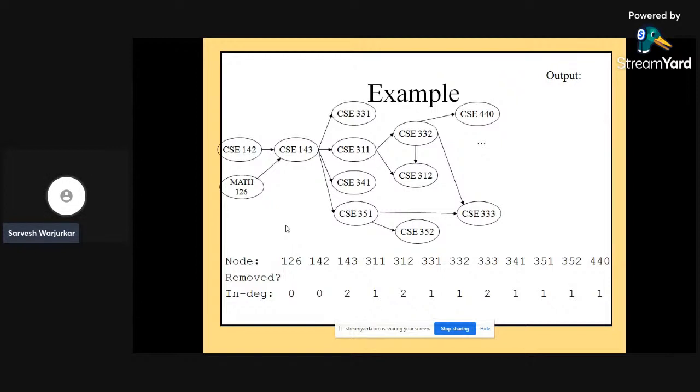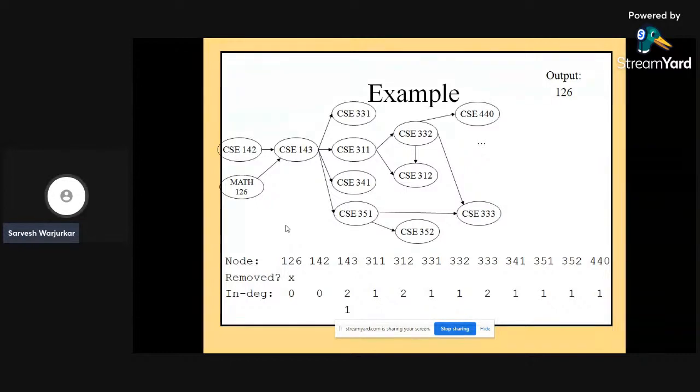The in-degree of 142 is 0, and 143 is 2, because 143 is receiving two different arrows from two different positions. 311 has only one in-degree, 312 has 2, 331 has 1, 332 has 1, 333 is 2, 341 is 1, 351 is again 1, 352 is 1, and 440 is also 1, since it has only one arrow towards it.